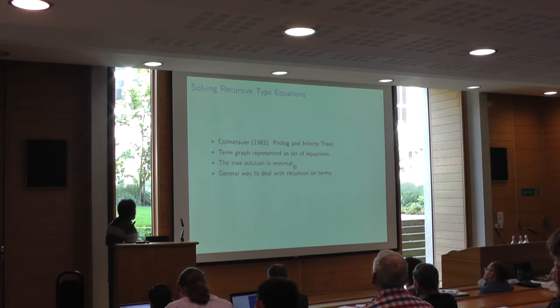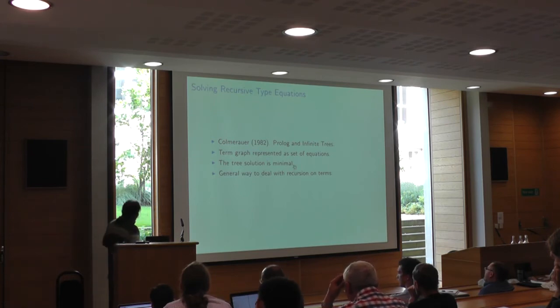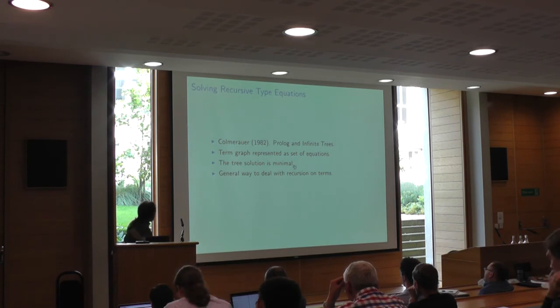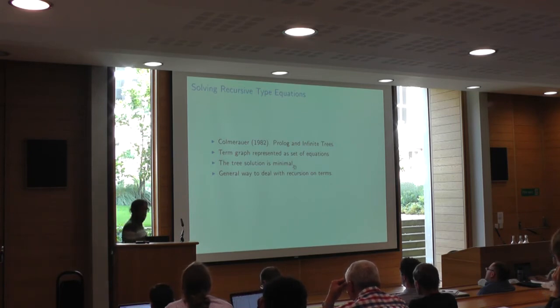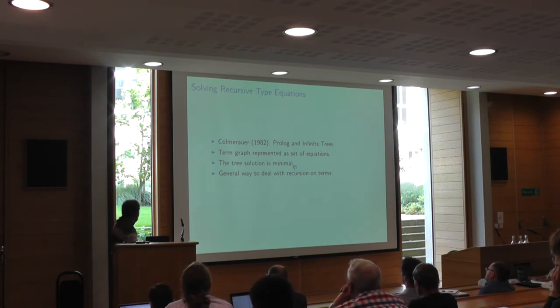This is basically used in Polo, in which the term graphs are represented as a set of equations, and it has some nice properties, like, for example, the solutions are minimal, which is good for us because if we infer the types and send that information from one part to another, it should be minimum. And he proposes that it is a good way to deal with the recursion on terms. I don't remember which talk it was, I think the third one. So this is one application.